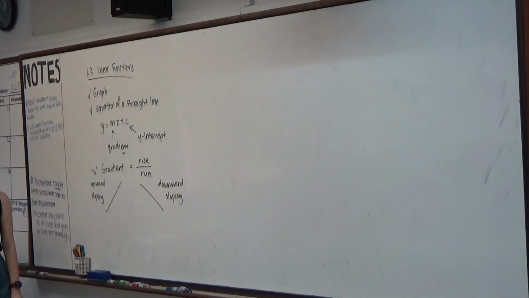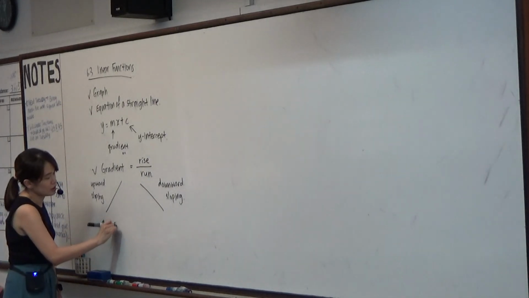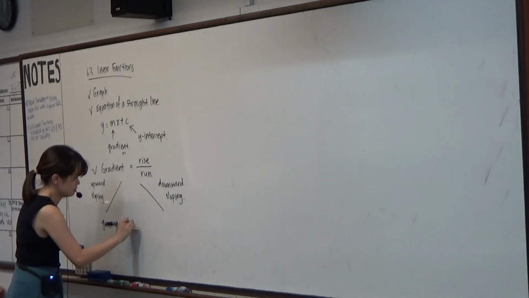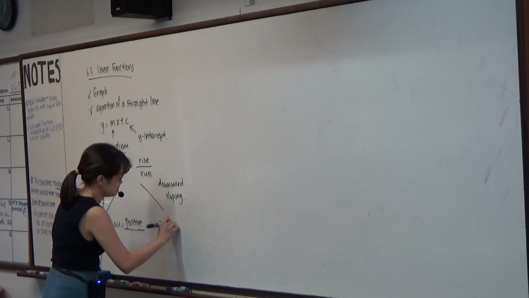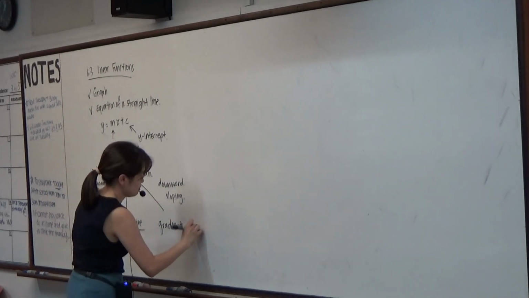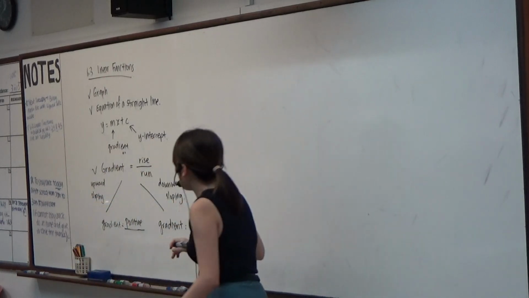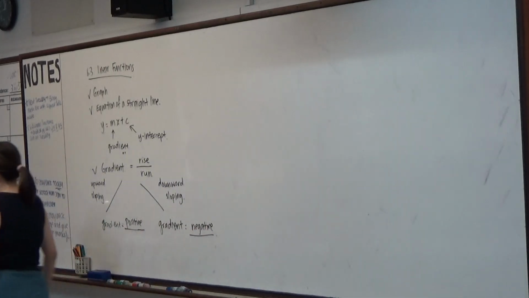And in upward sloping graphs, our gradient value will have to be positive. And then for our downward sloping graph, our gradient will have to be negative. Okay?